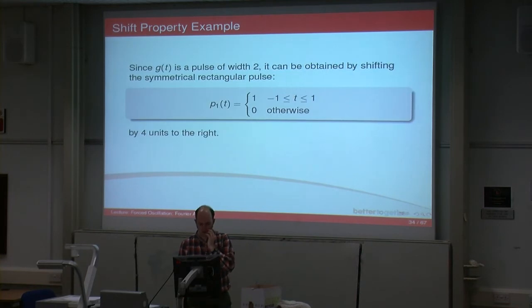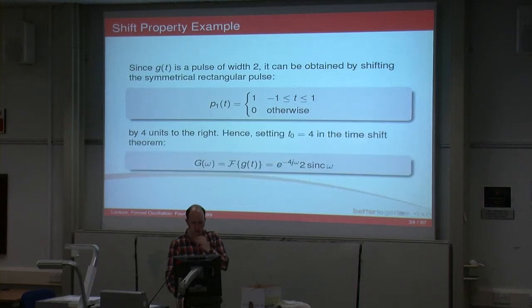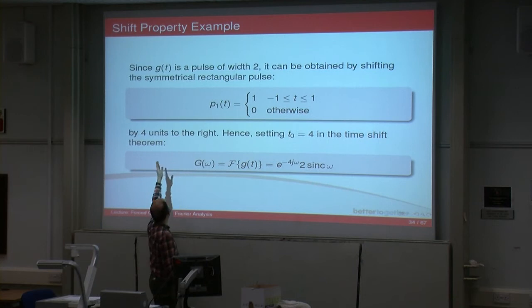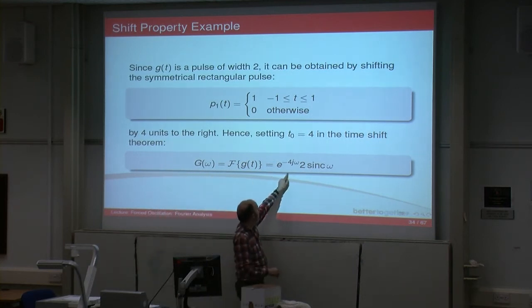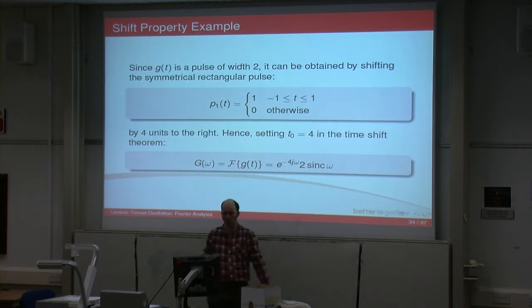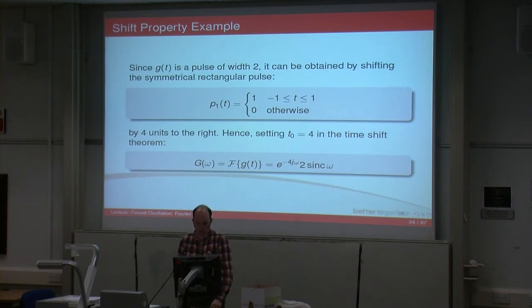And so we know the equation for a rectangular pulse of width 2, but it's shifted by 4 units to the right, so we end up with e to the minus 4 j omega in there times 2 sinc omega. Okay.